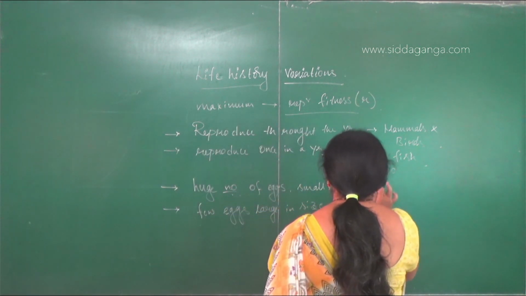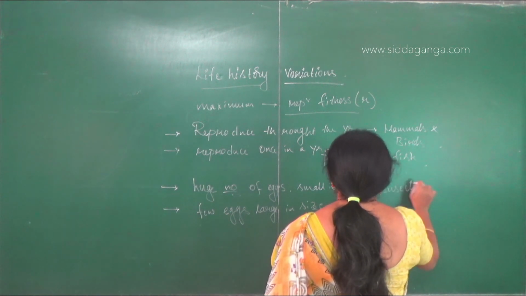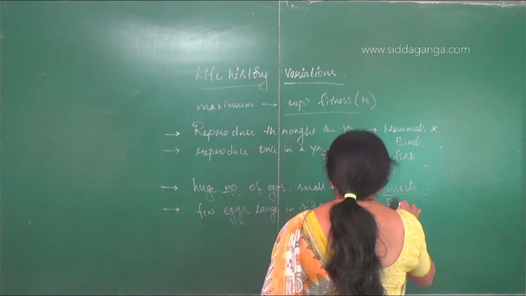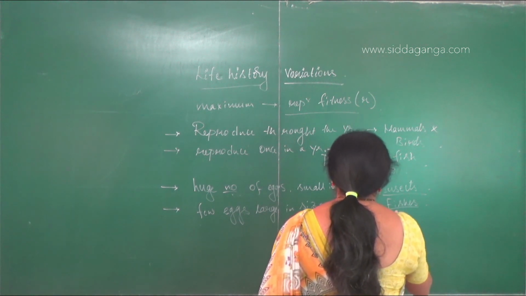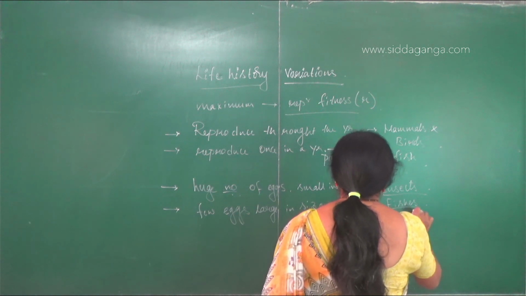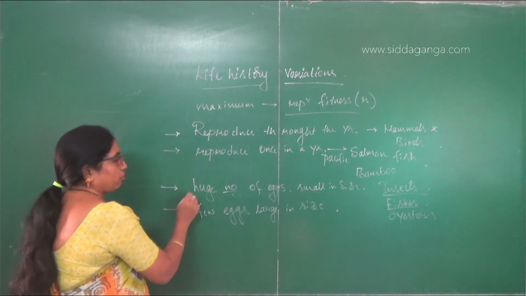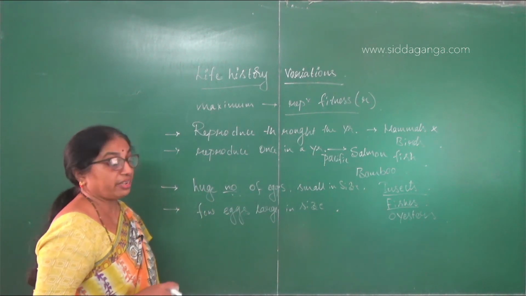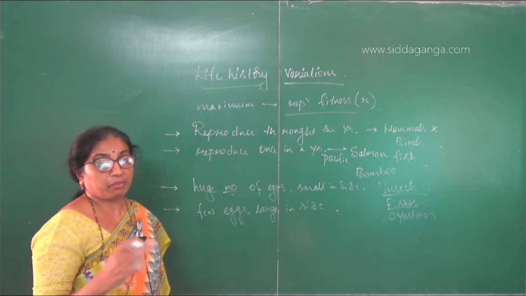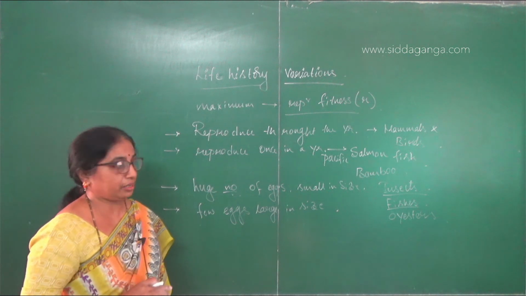For a huge number of small eggs, the examples are insects, fishes, and molluscs like pearl oysters. You know, mosquitoes and house flies lay a huge number of eggs, maybe 400 to 450 in a single mating, right?